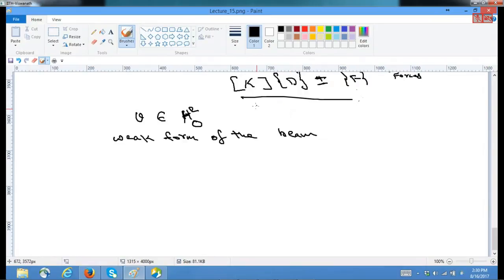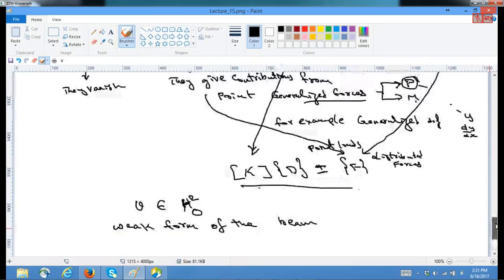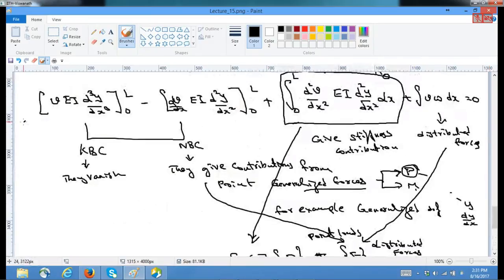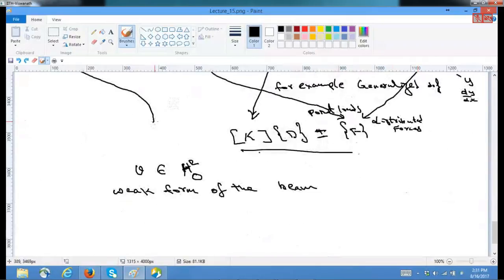But to develop this, we need this form. This integral form, or the weak form, is necessary. Weak form of the beam.